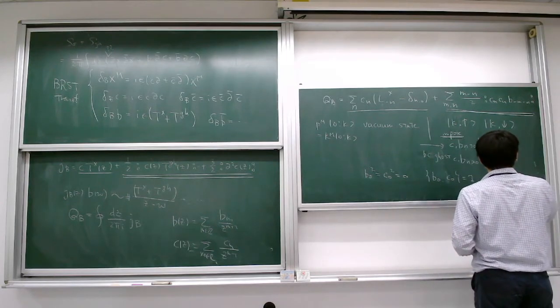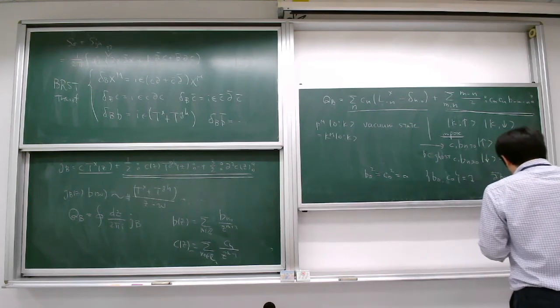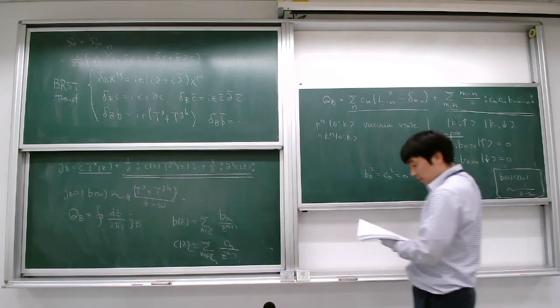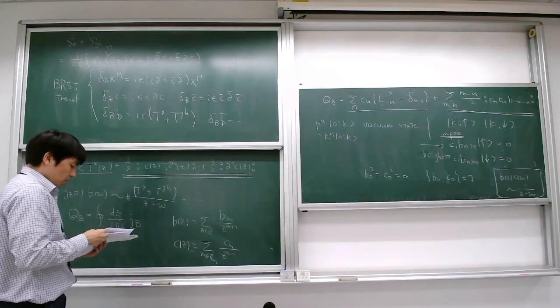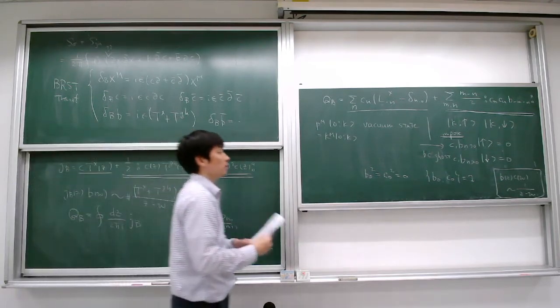B, C, CW is 1 over C minus W. So if you use this OPE condition and only look at the zero mode, you will get this condition. And so therefore, one has to be careful about the zero mode.